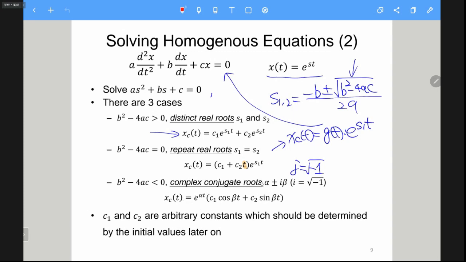This is the real part of the root, alpha, and the imaginary part of the root is beta. Then the form will be exponential to alpha t times a linear combination of cosine beta t and sine beta t. C1, C2 are arbitrary constants, or unknown coefficients, to be determined later.